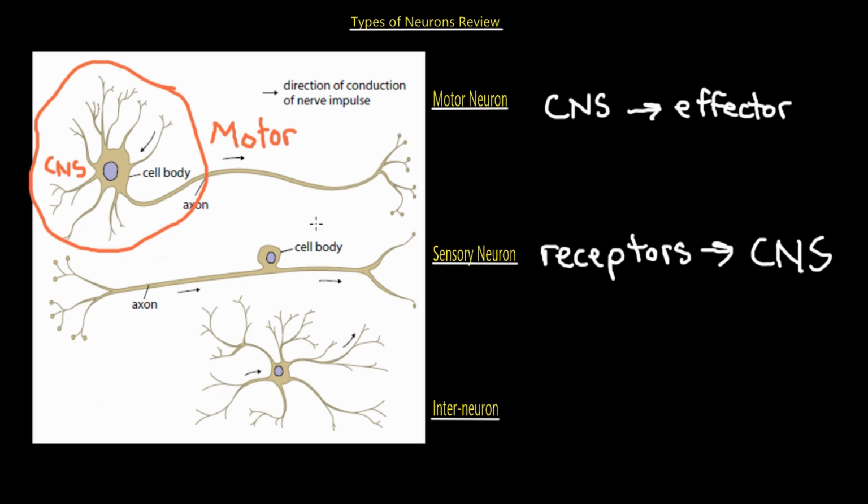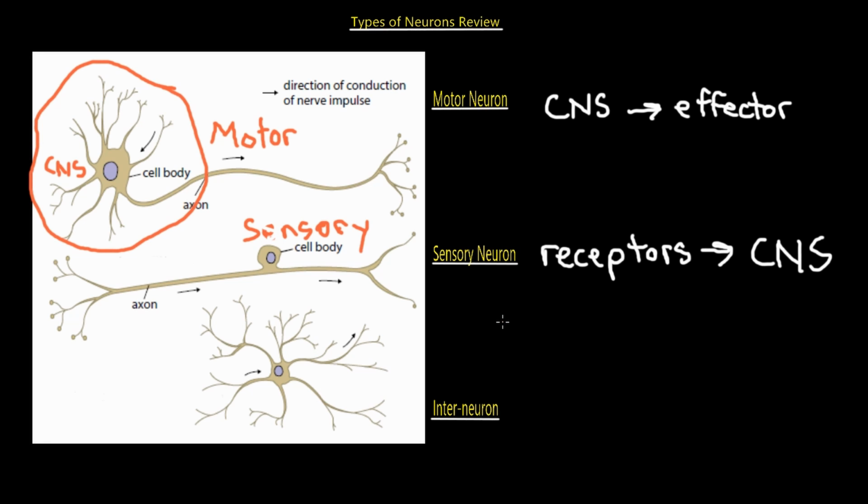As you can see, the sensory neuron has a different structure than the motor neuron. Its cell body lies somewhere in the middle of the axon, so it is important to note that it has this different structure.